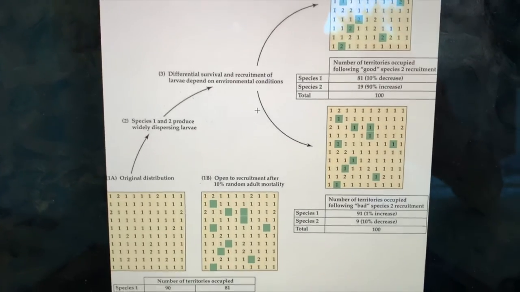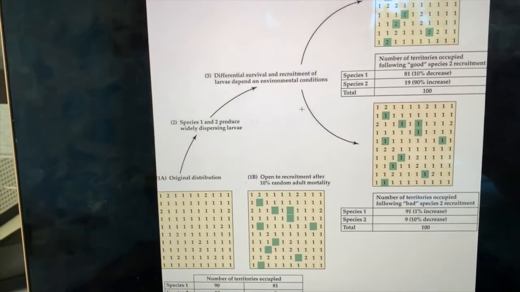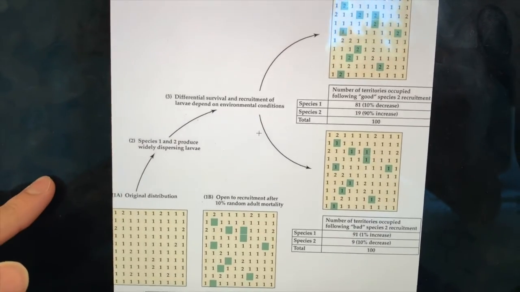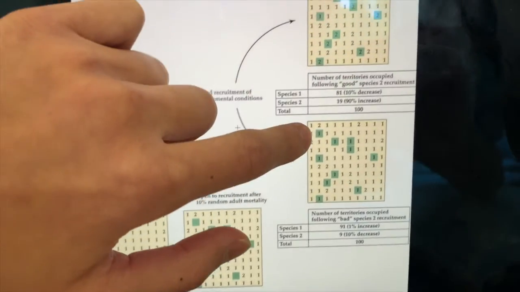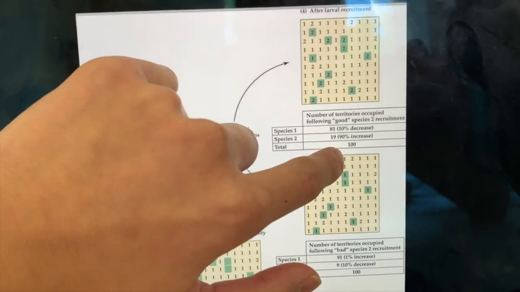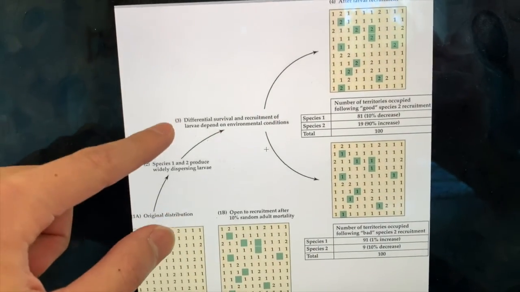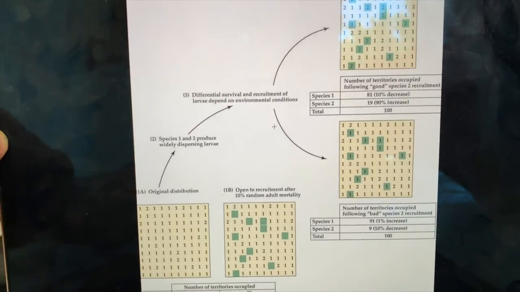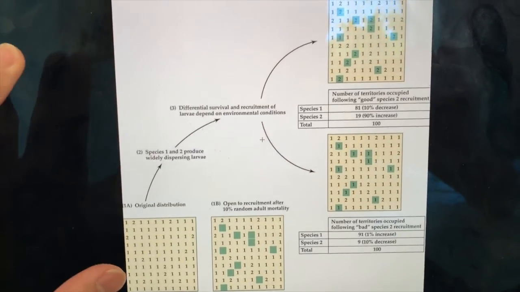So there are some key features of the lottery model. Specifically, adult fish hold territory on the reef until death, which I've already stated. As you can see, 1, 2, 1, 1, this pattern. They still are here and they haven't died, so they're holding it. And they reproduce more than once, so there's some overlapping species, which you can see here. And territories are necessary for survival and reproduction.